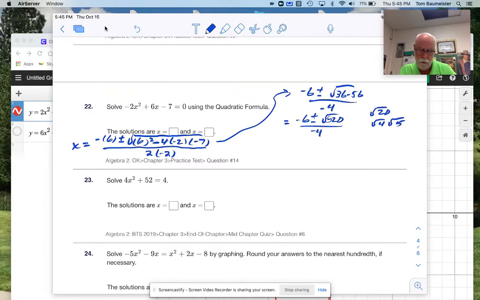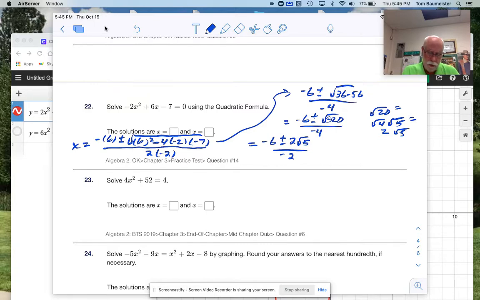The square root of 4 is 2, so you can write that as 2 root 5. So now we're going to have negative 6 plus or minus 2 root 5 over negative 2.